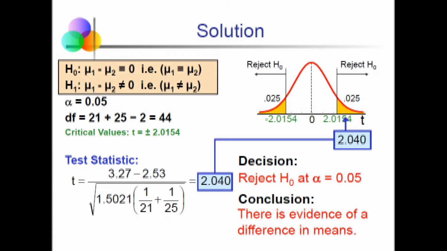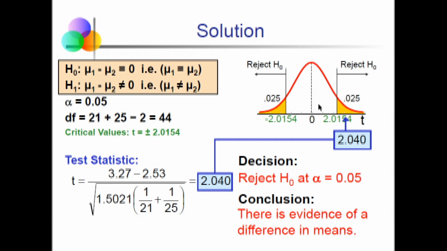So we find the critical values for t at those degrees of freedom. The degrees of freedom is 44. Alpha is 0.05. So we go to our t table and we find that the critical values are plus and minus 2.0154. These help us identify the rejection regions.